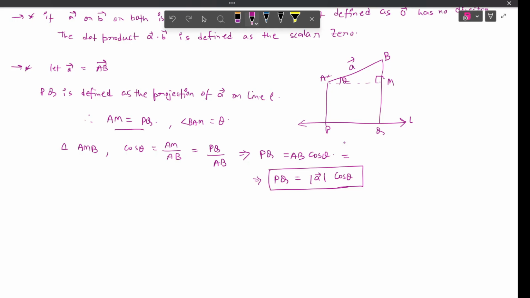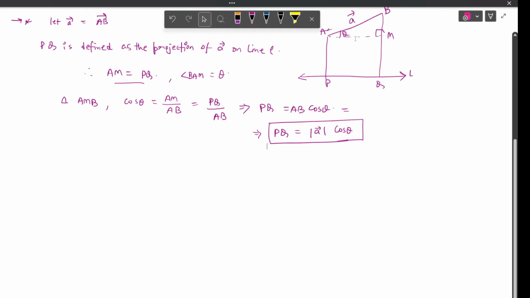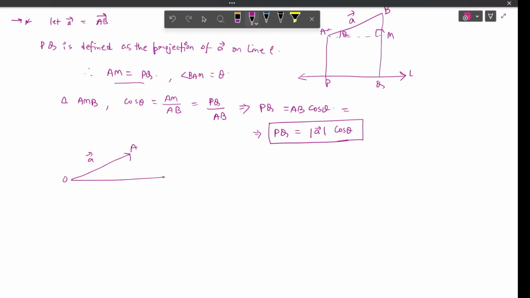And similarly we can say, let us see this diagram. If we have a vector, let's say this is OA, this is your AM, this is your theta.